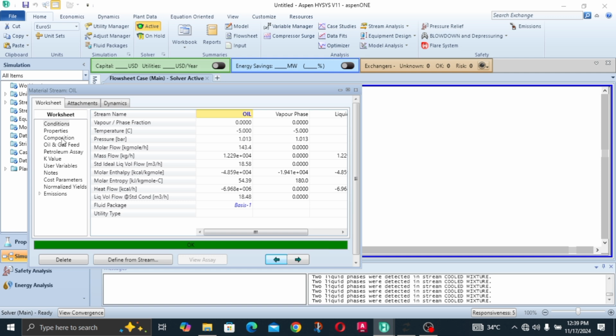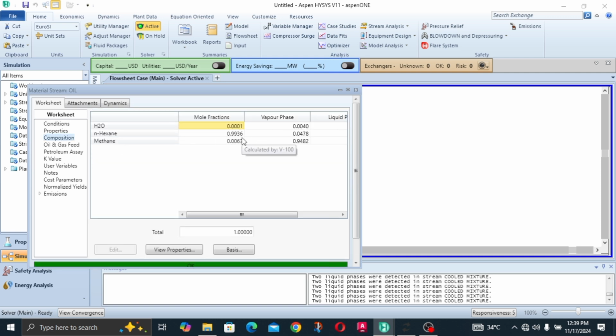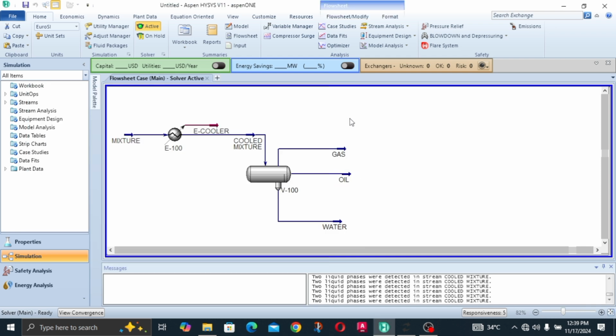For the light liquids, we have a purity of 99.36% hexane. We have a very minute amount of octane, 0.6, basically 0.63% methane, and then 0.01% water. Basically insignificant.